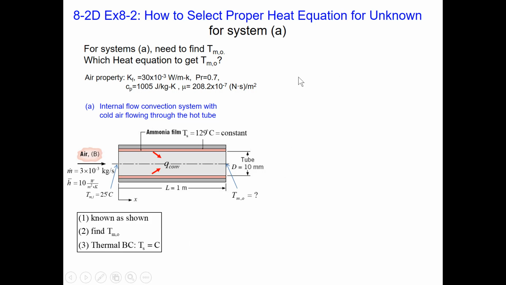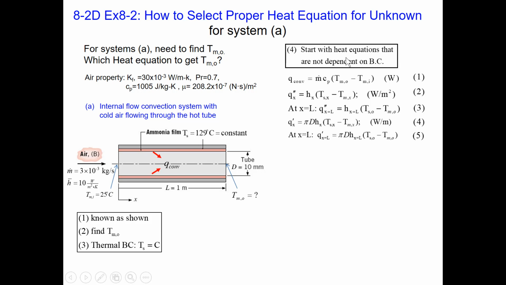This is what we know, what we're looking for, and under what boundary condition. Where to start? Let's start with the equations that are independent of the boundary conditions because they're valid all the time. Then we go through each equation to identify the unknown Tm,o. Then we check each equation including the unknown Tm,o.